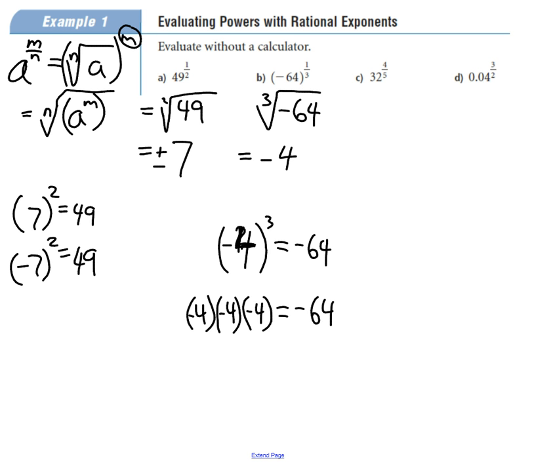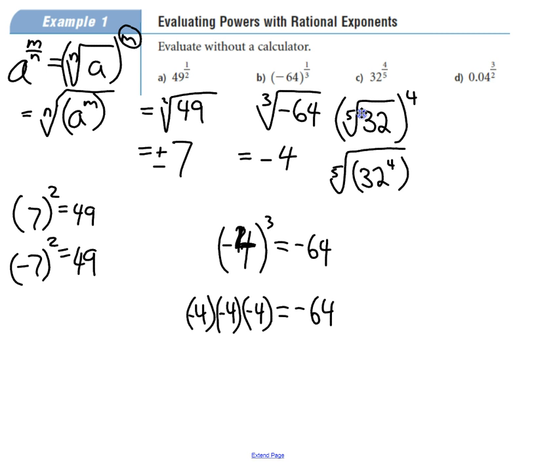So let's look at this. We could say either this is 32 and the 5th root of that raised to the 4. Or it's 32 to the 4 and the 5th root of that.